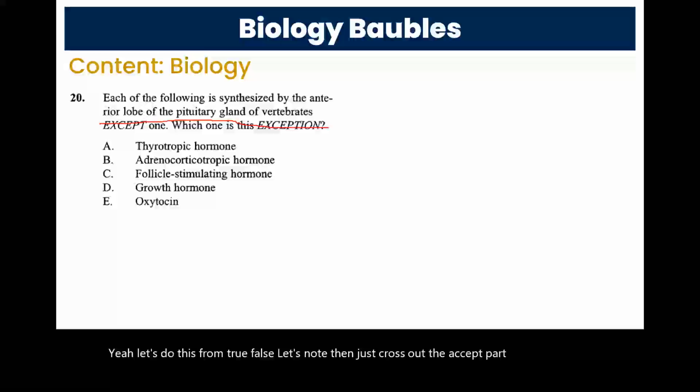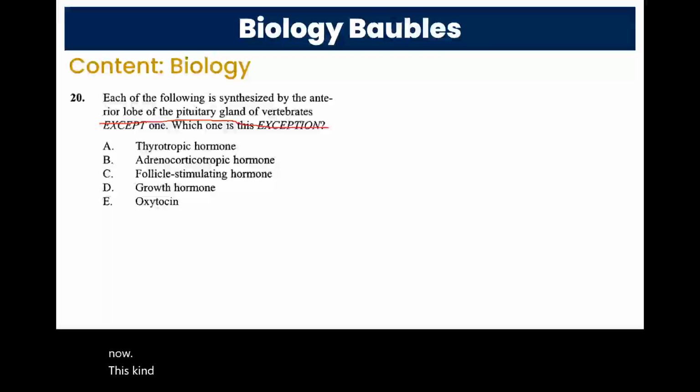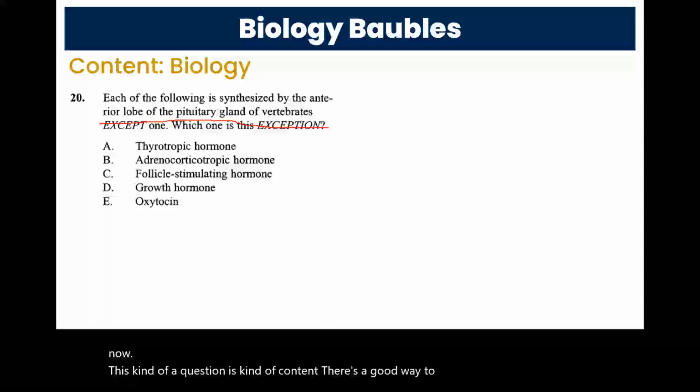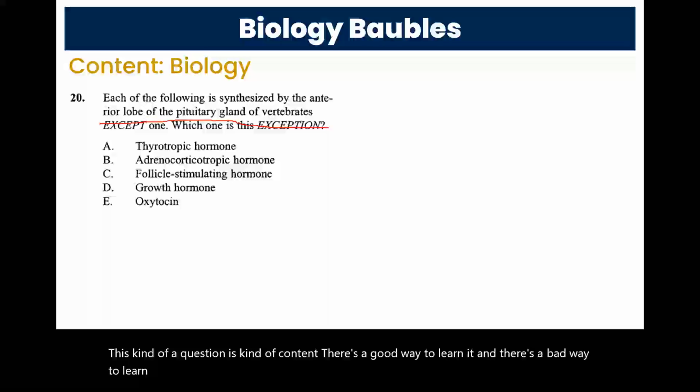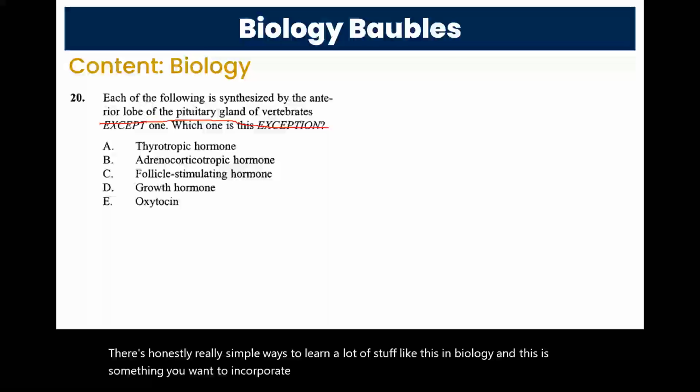Each of the following is synthesized by the anterior lobe of the pituitary gland of vertebrates. Now, this kind of question, this kind of content, there's a good way to learn it and there's a bad way to learn it. There's honestly really simple ways to learn a lot of stuff like this in biology, and this is something you want to incorporate and embrace strongly in your studying, and that is mnemonics.